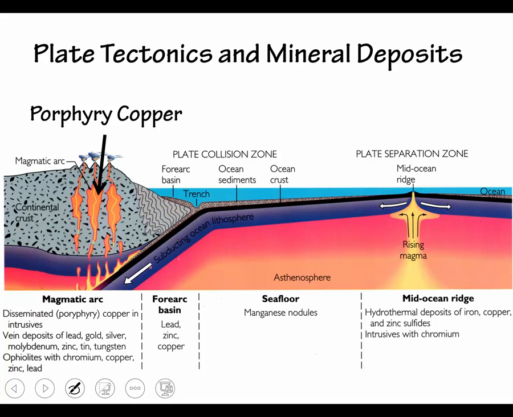So that series of andesitic volcanoes or stratovolcanoes that we talked about along the Cascades are underlain by porphyry coppers.